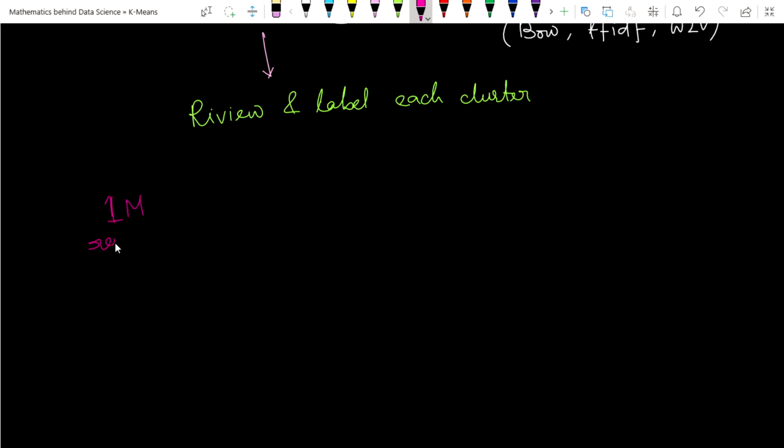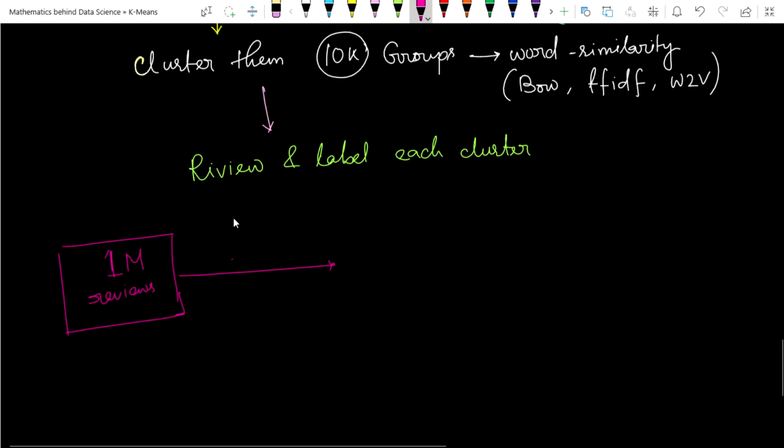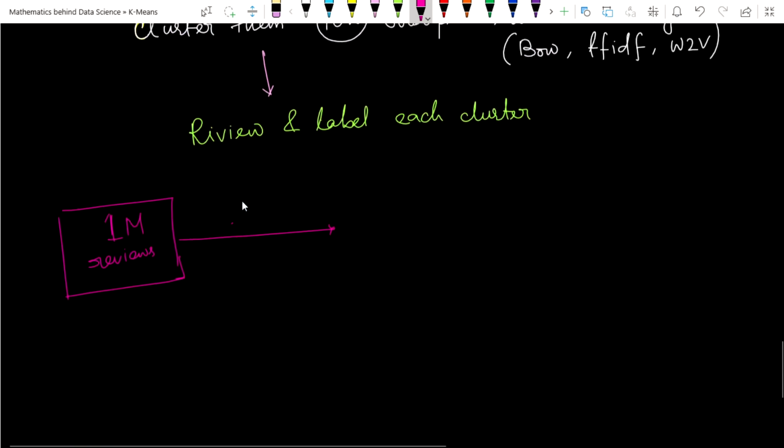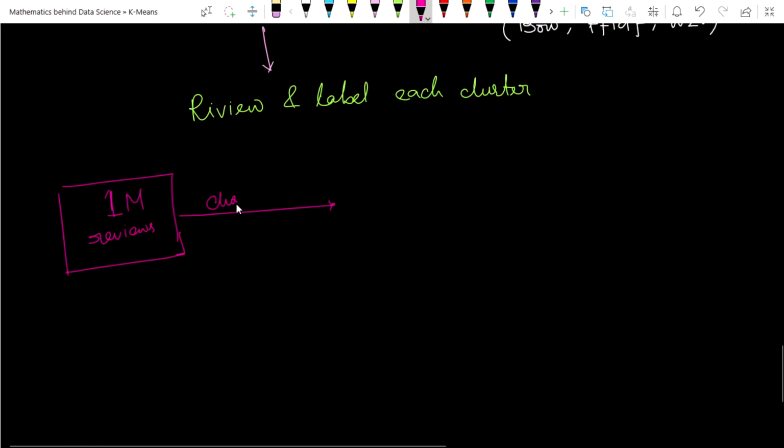On these 1 million reviews, we have used a clustering technique based on word similarity.